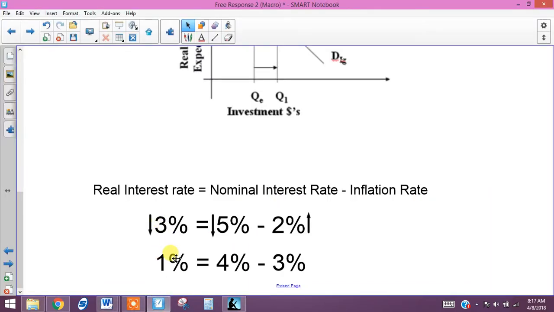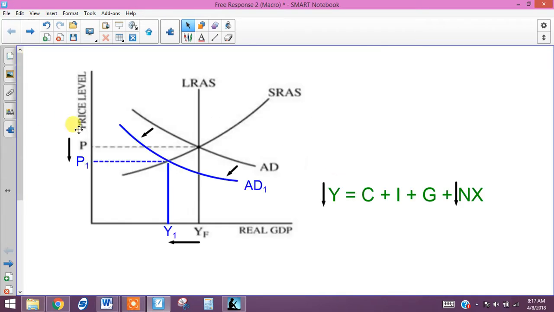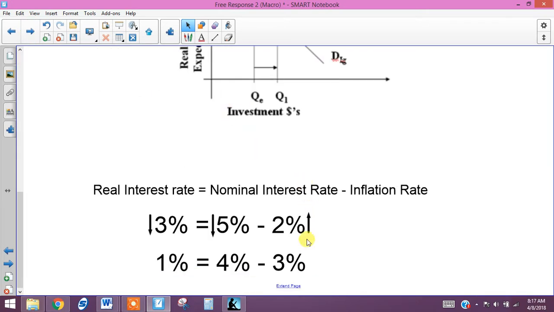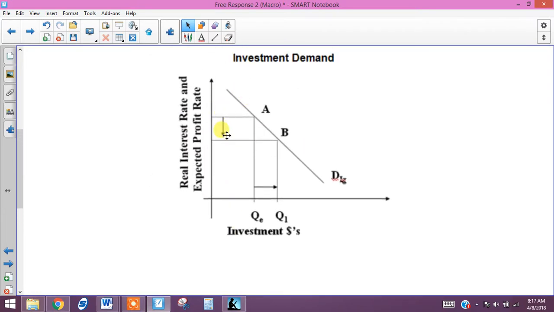And what happens is it's going to go down, because to show this in a very easy way, if we have price levels going up, which we see is going to happen when we shift the aggregate demand back to the right, which can also be termed the inflation rate going up, and let's say it goes up 1% to 3%, and nominal interest rates, as we see right here, are going down.